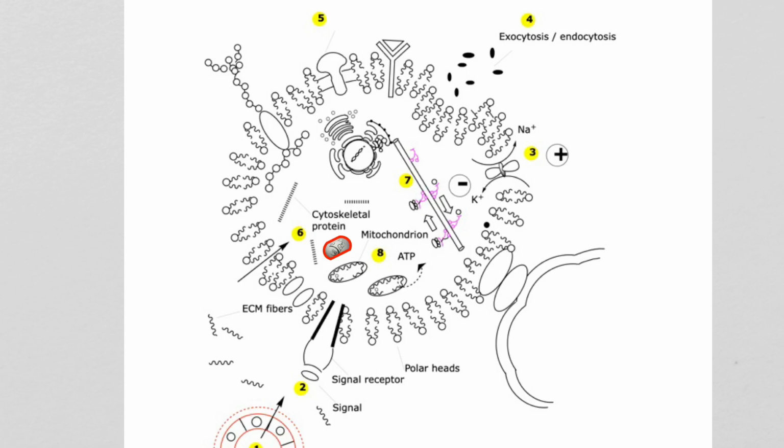Let us summarize what cells do. So let's use the liver cell as an example. The first thing a cell has to do is to survive. And for survival, energy production, continuous energy production, that is ATP production, is essential.